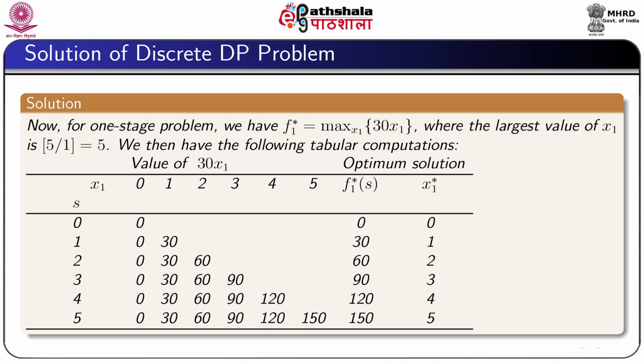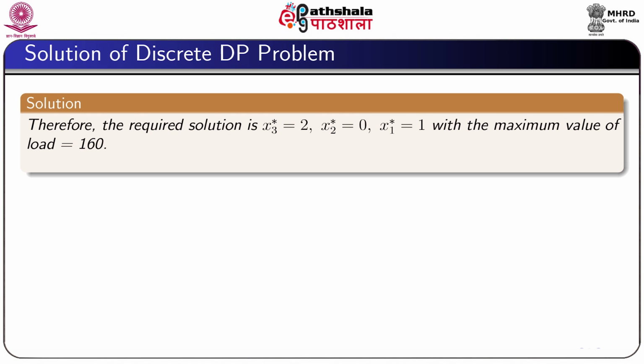Thus, we find the optimal solution as x3* equal to 2, x2* equal to 0, x1* equal to 1, with the maximum value of load equal to 160.